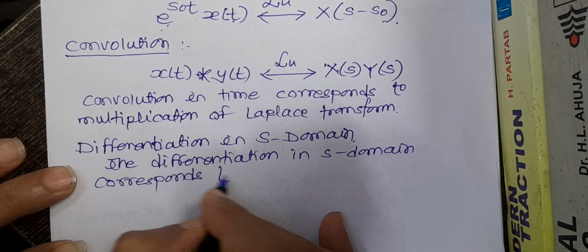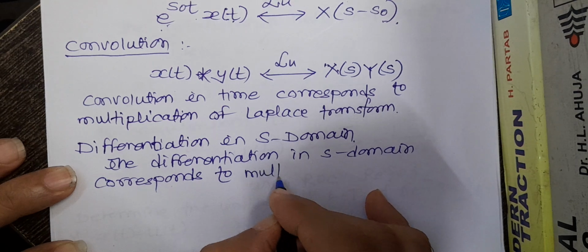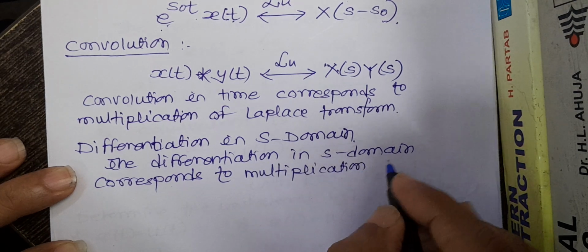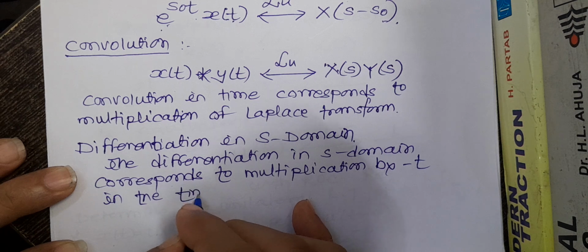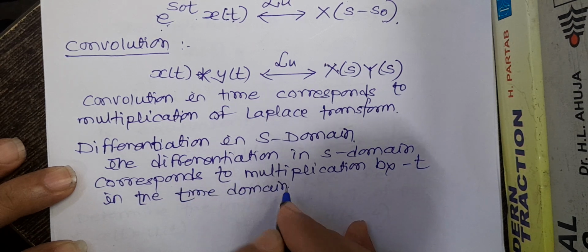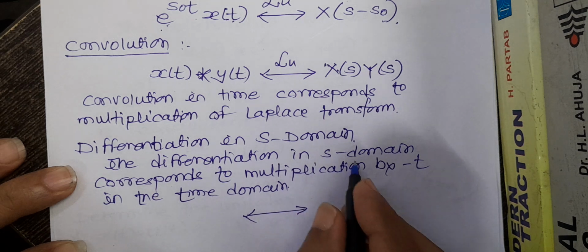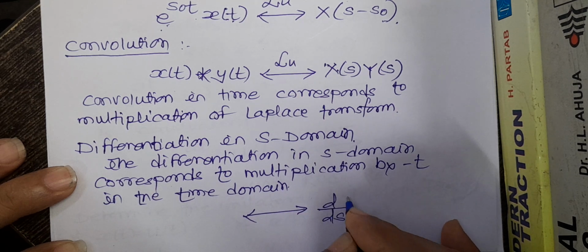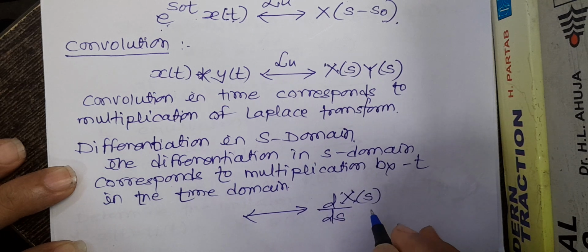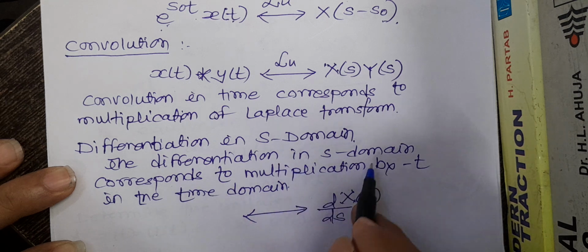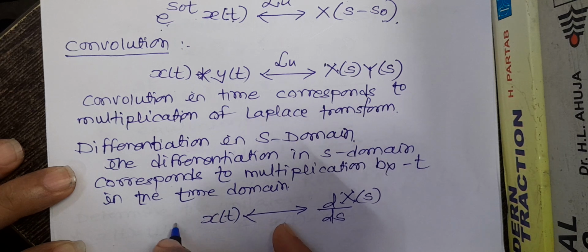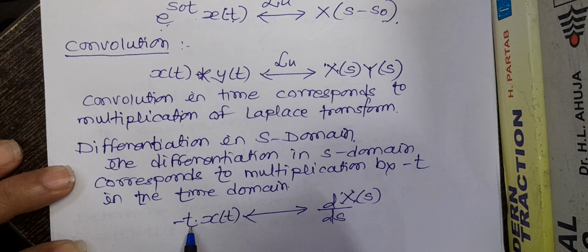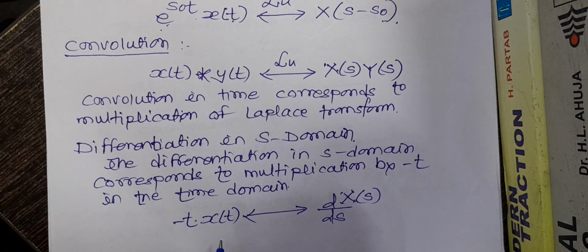So this is the differentiation in the s domain, and the differentiation in s domain corresponds to the multiplication by minus t. So suppose this is x of t and it will be multiplied by minus t. So the differentiation in s domain corresponds to multiplication by minus t to the x of t. So this is a differentiation in s domain.